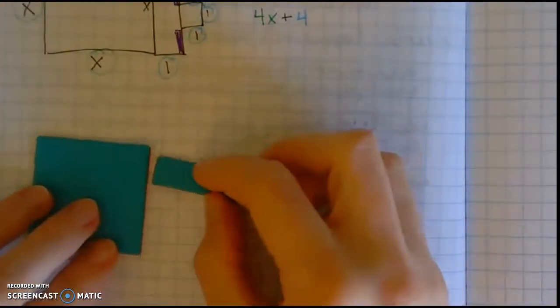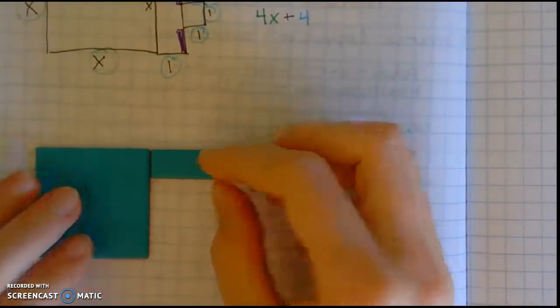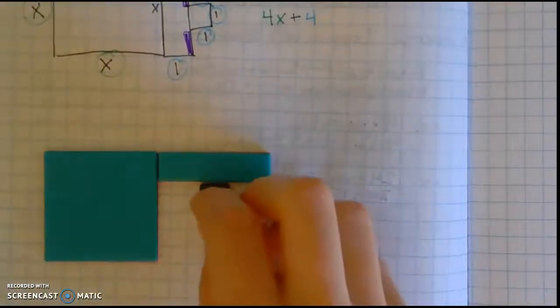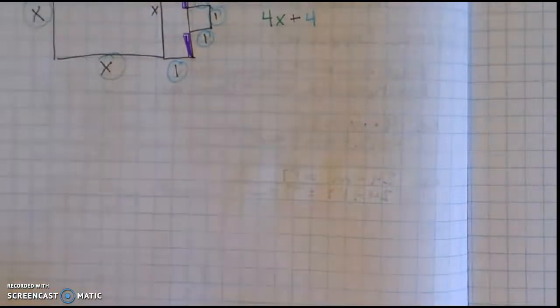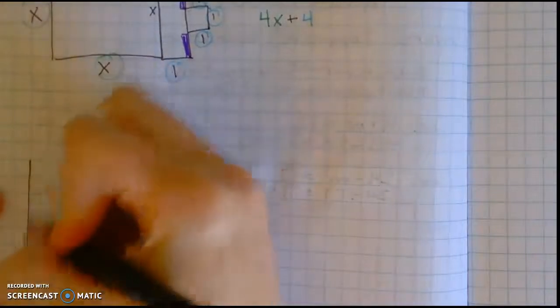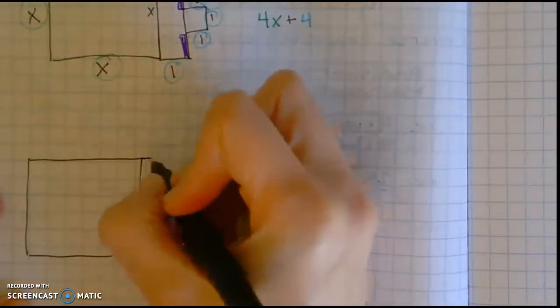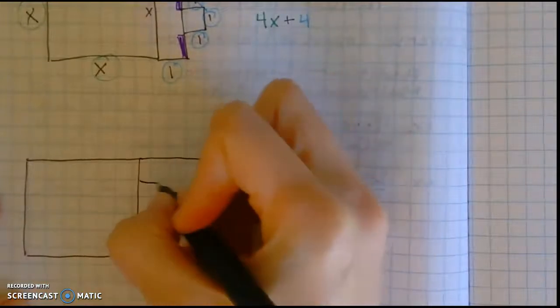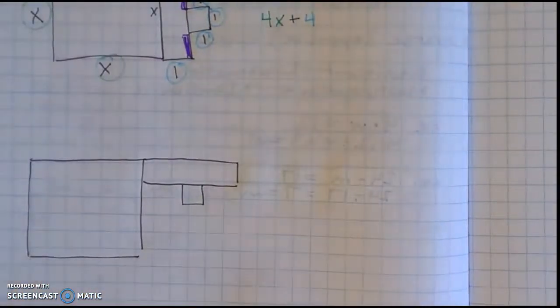I think I'm going to do a shape like this. Okay, so I'm going to just draw that real quick. Okay, so let's label this.